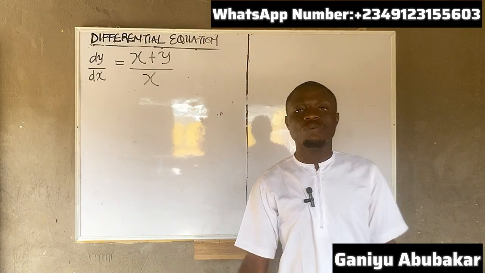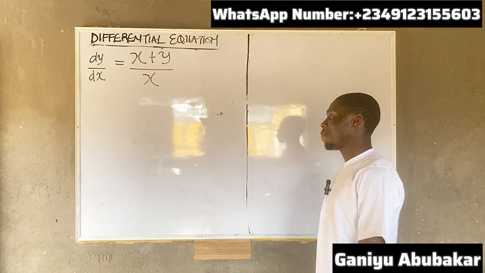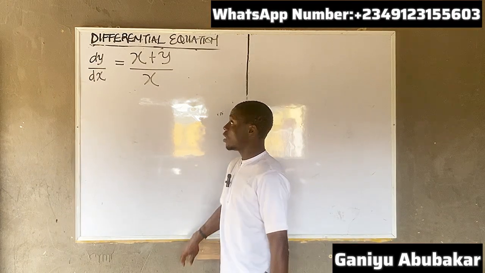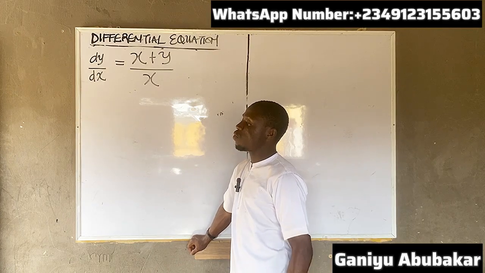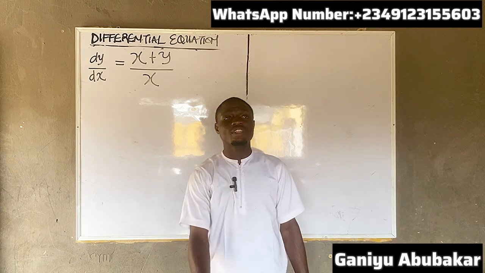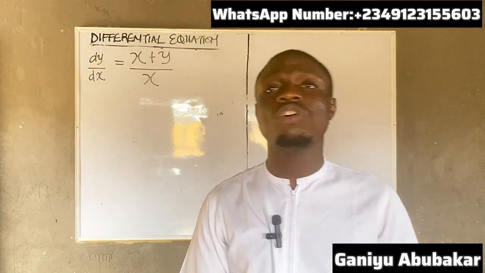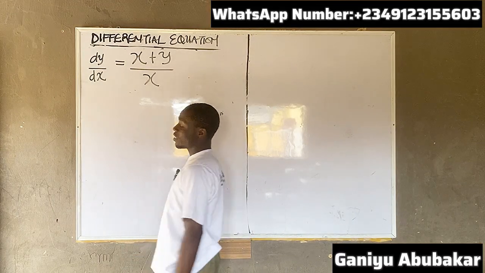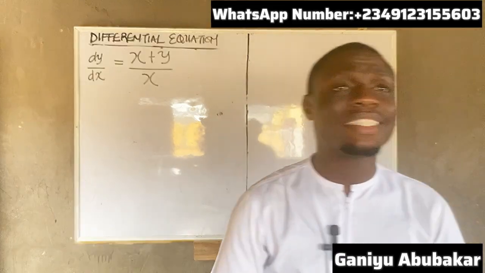Let's proceed with this example under the third method of a differential equation. So we said your first task, or perhaps your first priority, is to make y equal to vx, and make y over x equal to v plus x dv/dx. That was the condition. Why? Because there's a mixture of x and y, and you can't separate x and y.